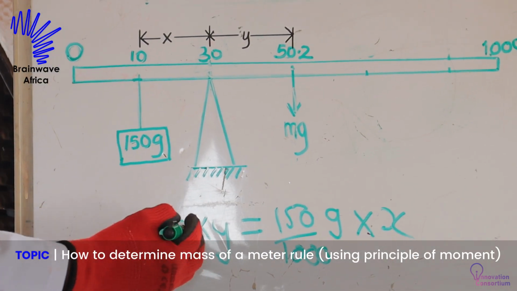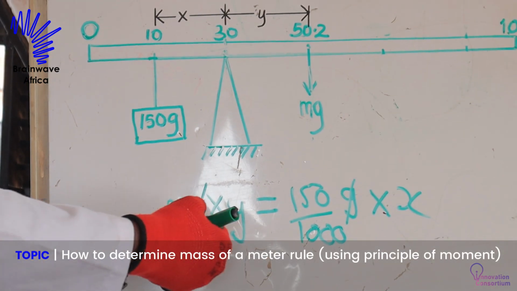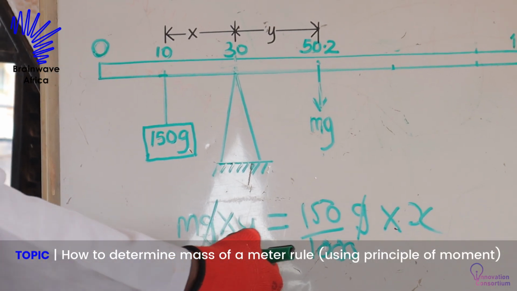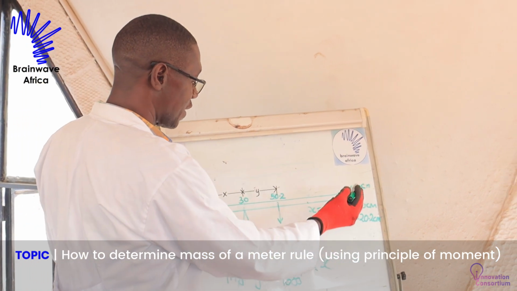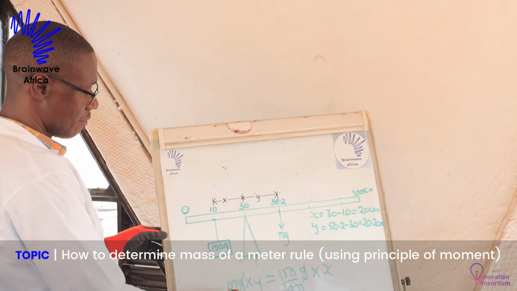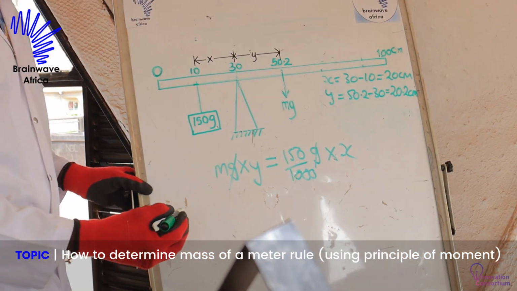So of course the g's will cancel on both sides. We can find the values of Y and X. Now we are going to use these values of X and Y to get the value of M. M is the unknown mass of the meter rule.